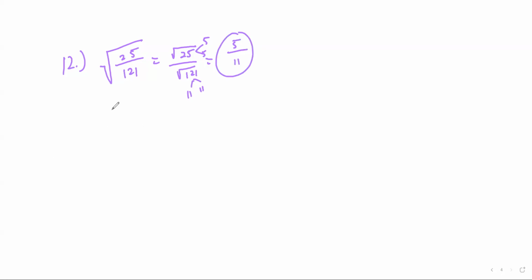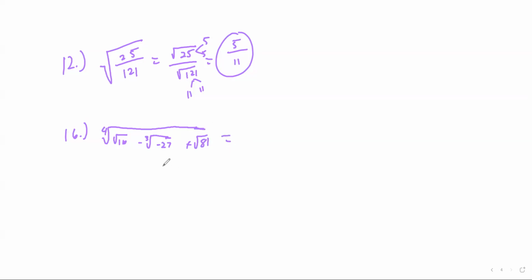All right, last one in this group, so let's look at number 16. So it's going to be the fourth root of the square root of 16 minus the cube root of negative 27 plus the square root of 81.